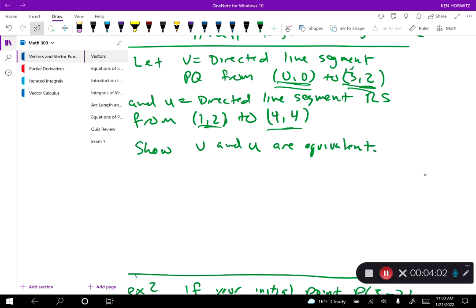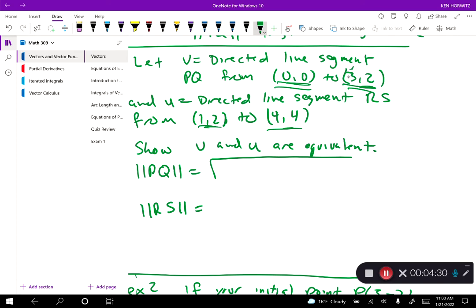So the first thing we need is the magnitude of PQ and of RS. Now, length can be denoted by the distance formula. So if I'm trying to apply the distance formula here, I have a square root, and I'm going to take the final minus initial.